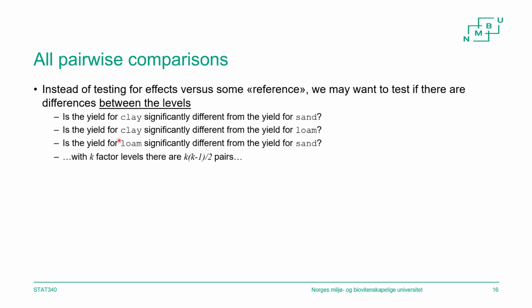We will do this. Notice, however, if you have k factor levels, there will be k times (k-1)/2 pairs. So this can be very many tests, right? And especially if you have multiple factors in addition, this becomes really, really horrible.